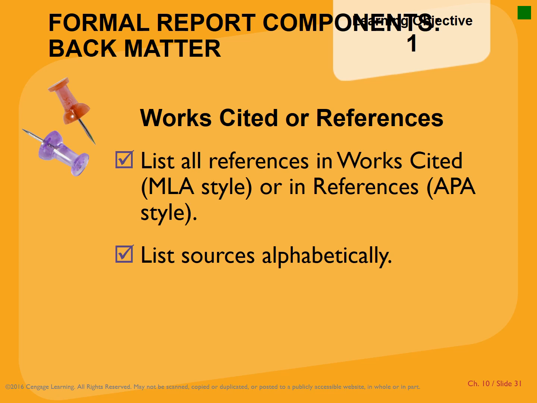Also, as part of the back matter components, we will have our works cited page or our references. You'll determine which component you will have based on the format that you choose. So APA is references and MLA is works cited. Regardless of the style that you choose, all sources will be listed alphabetically.